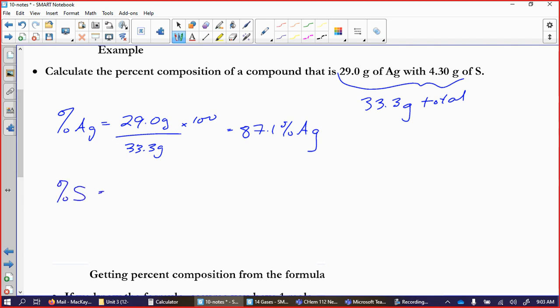Percent of sulfur is 4.3 grams over 33.3. Now, I always do the math out just because I'm a nerd and like to play with a calculator. If 87% is silver, the other one should be 12.9. 4.3 divided by 33.3 is 12.9.